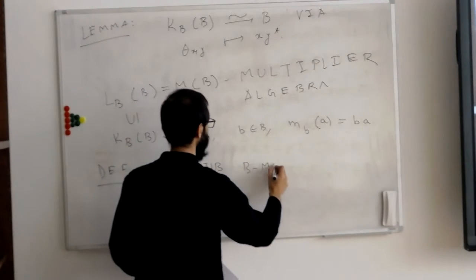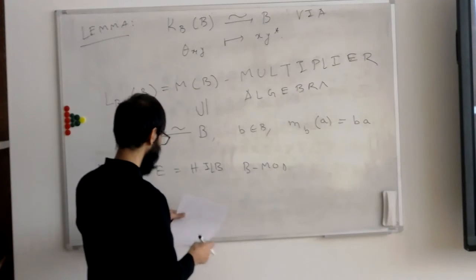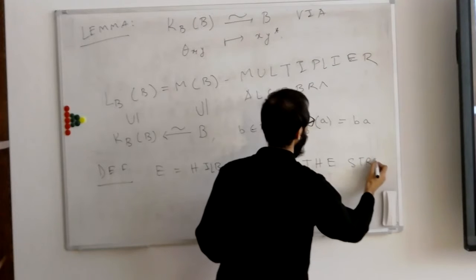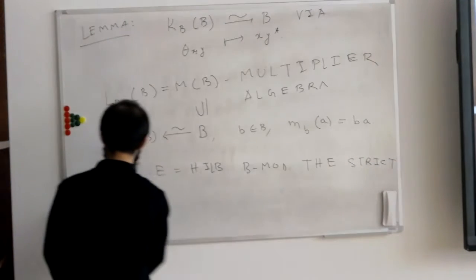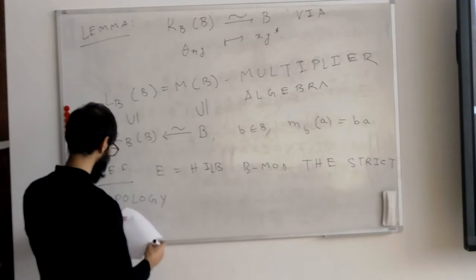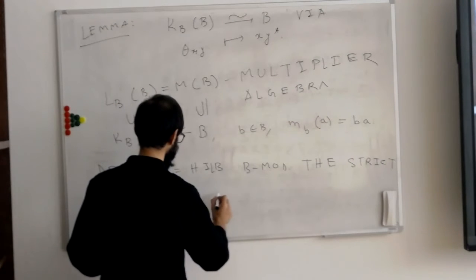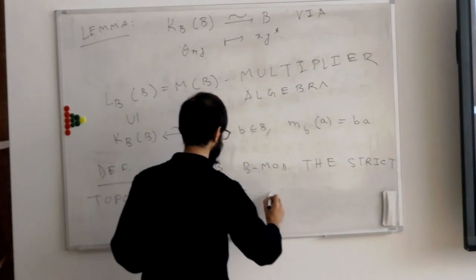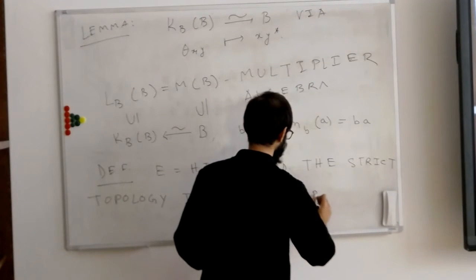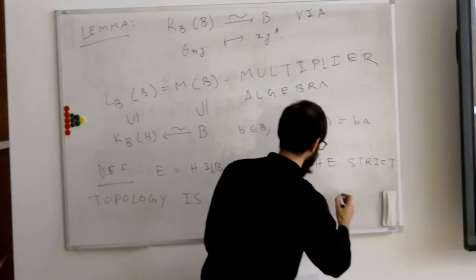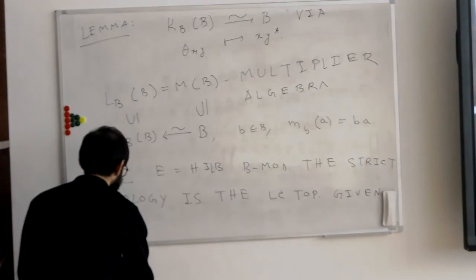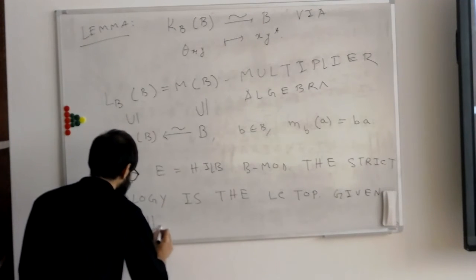Hilbert B module E. The strict topology is the locally convex topology given by the family of seminorms indexed by x.